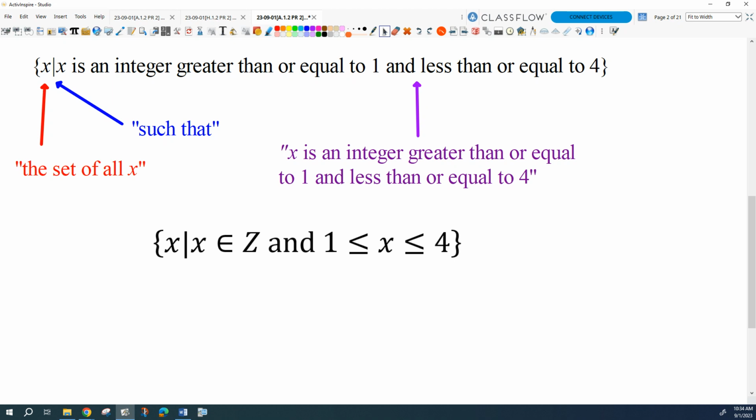This just says the set of all x such that x is an element of the set of integers, or in other words, x is an integer, and x is greater than or equal to 1 and less than or equal to 4. That's it. Says the same thing, just in a way better, more mathematical, more precise, more efficient way.